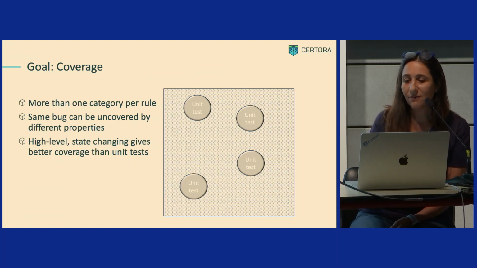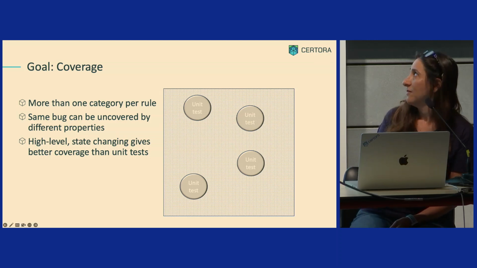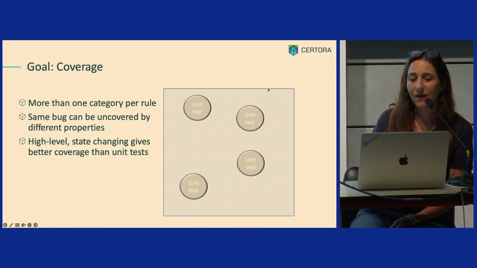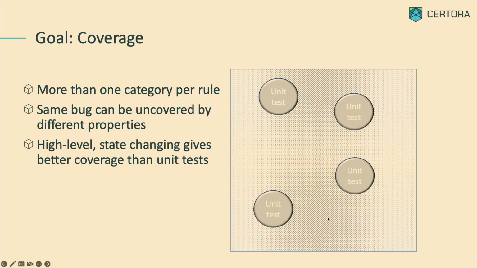So if we can think about it as this is the screen here. If I have my whole set of states that I want to cover, then I can have a few unit test rules. And they are not necessarily distinct, meaning that they can have some overlapping relationship.